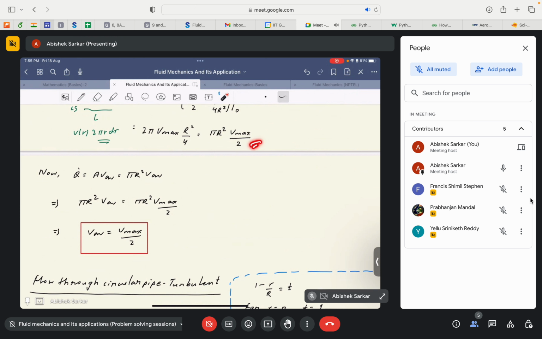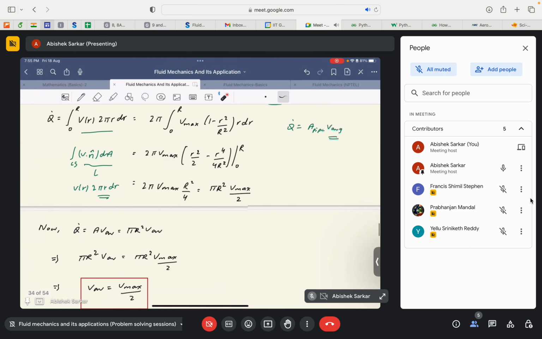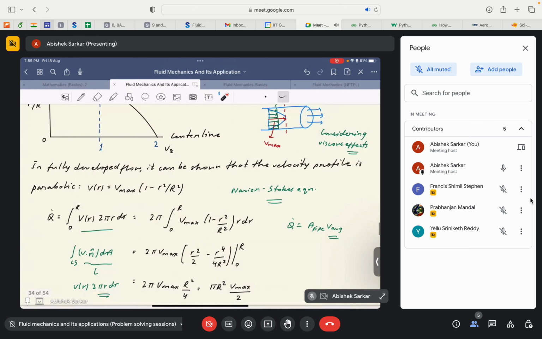So this relation gives us the relationship between the average velocity and the maximum velocity obtained in a laminar pipe flow, for the case of flow through a circular pipe. This is the value of V max. So we are finding a relationship between V max and the average velocity.